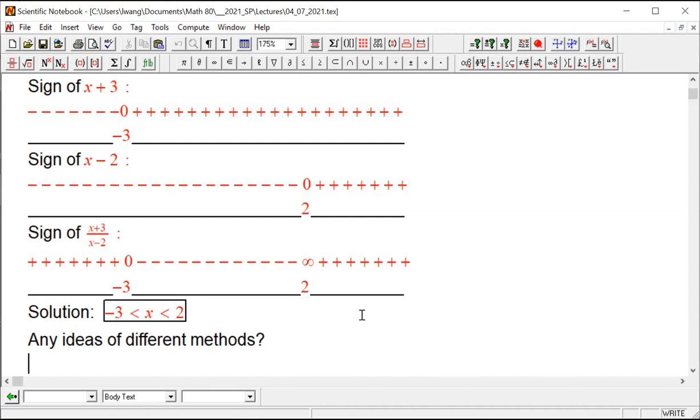Anybody has done it differently? Some of you may find, oh, these steps are pretty tedious, right? Can you do a different method? Anybody has a different method you want to propose?